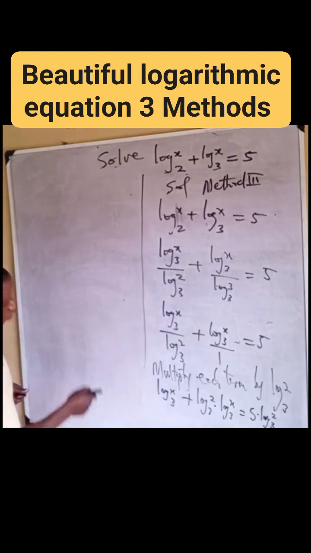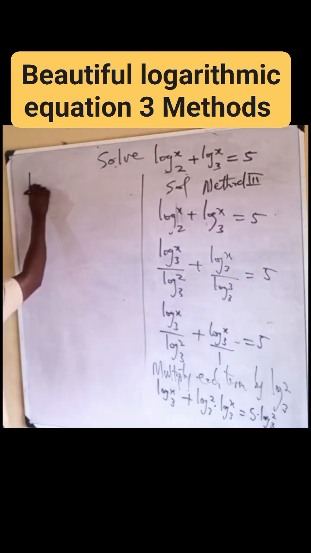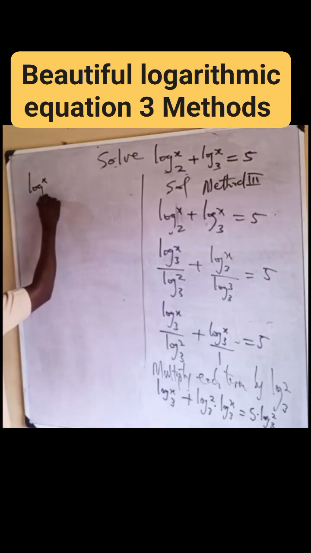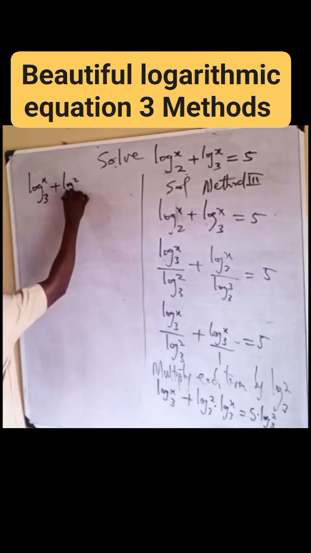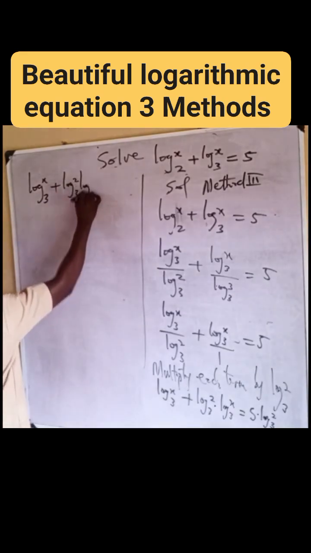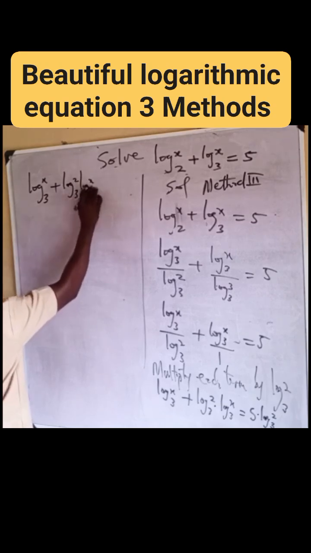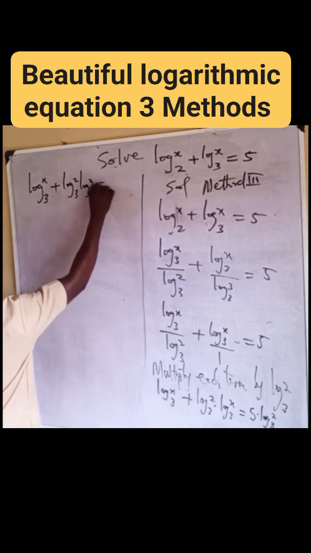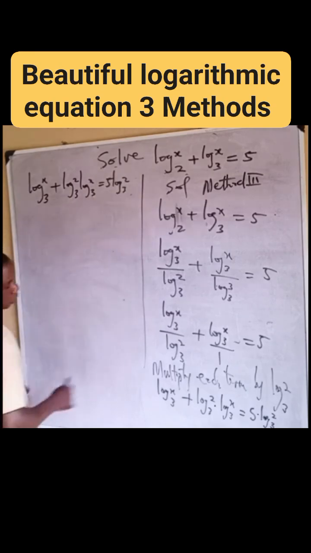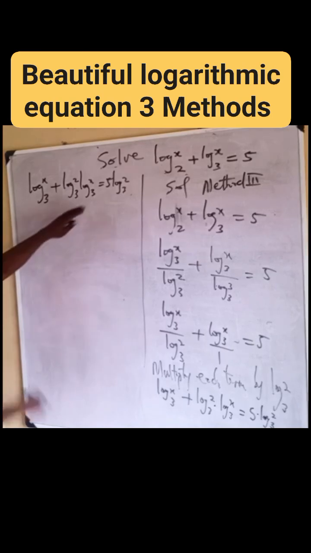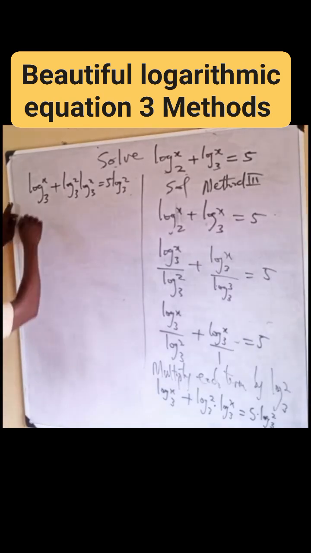So if we continue from there, we now have log x base 3 plus log 2 base 3 multiplying log x base 3 is equal to 5 log 2 base 3. On the left hand side, we can easily factor out our log x base 3.